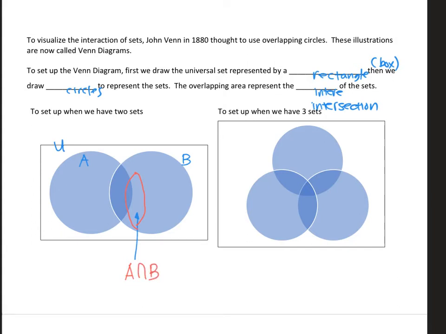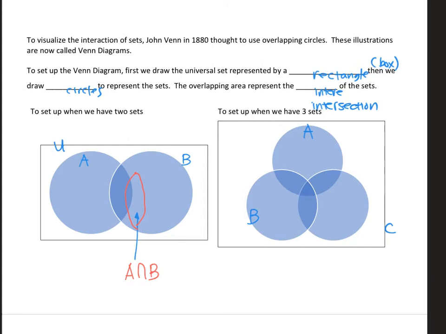That's the overlapping part. When you have 3 sets, things get slightly more complicated. Again, the box is the universal set, and you have set A, set B, then set C. So we have a lot of overlapping parts. There's a part where A and B overlap, a part where B and C overlap, and a part where A and C overlap.